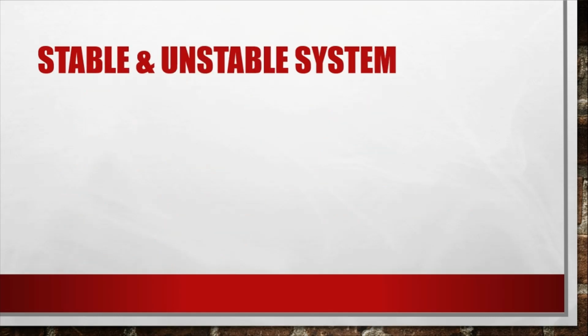So our next topic is how we will understand if a system is stable or unstable. We all know that an LTI system is stable if it produces a bounded output sequence for every bounded input sequence, right? So now what is bounded? Bounded means the input definitely should have a limiting value.